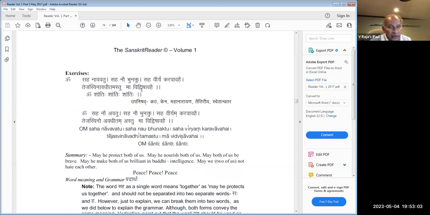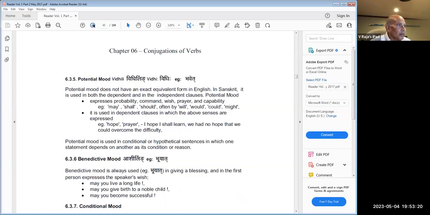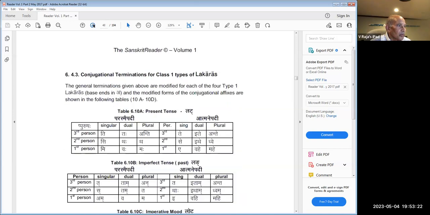Those pratyayas are given in page 230 and the table there. And that table is, this is 74. I think it is 45. Here.